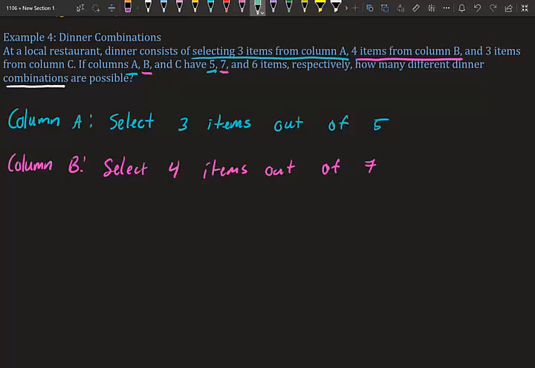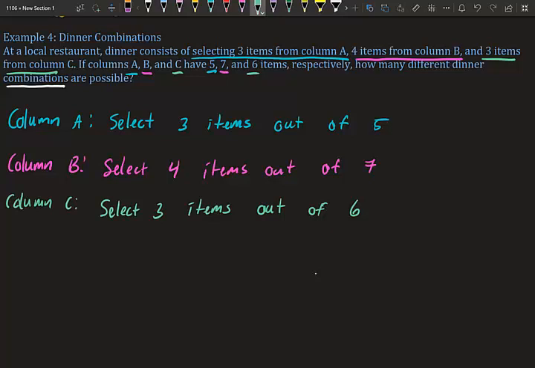And then for column C, you're allowed to pick 3 items out of 6. So in column A, you're going to pick 3 out of 5 items. In column B, you're going to pick 4 out of 7 items. In column C, you're going to pick 3 out of 6 items. So you see how we're putting 3 different types of combinations together.